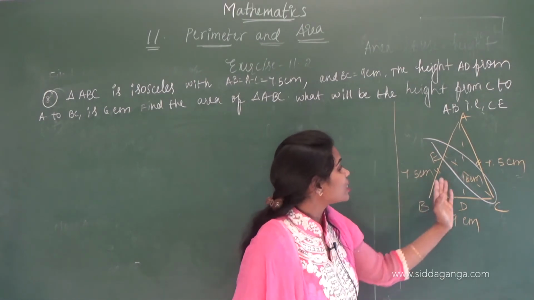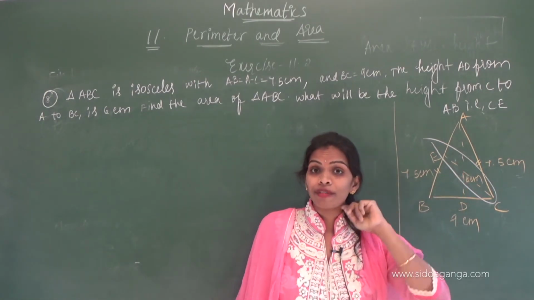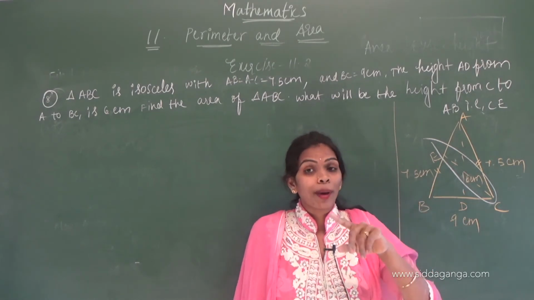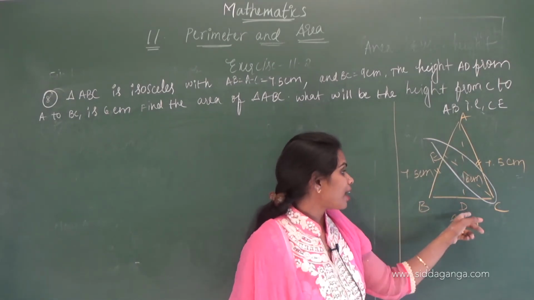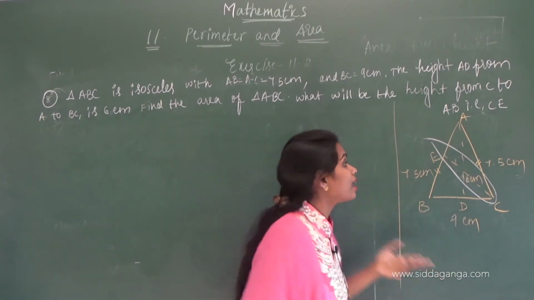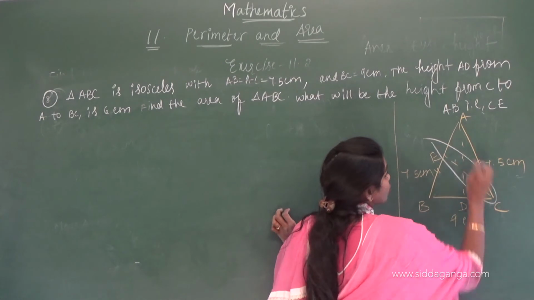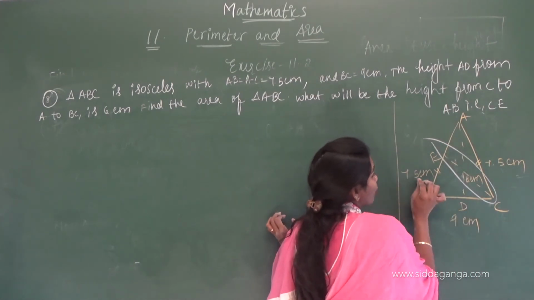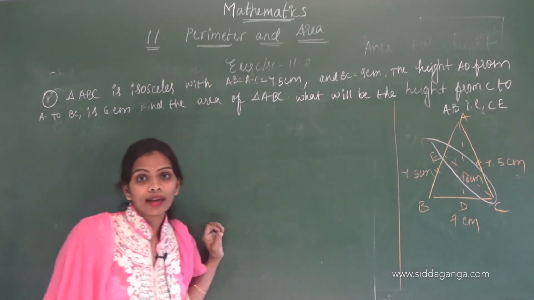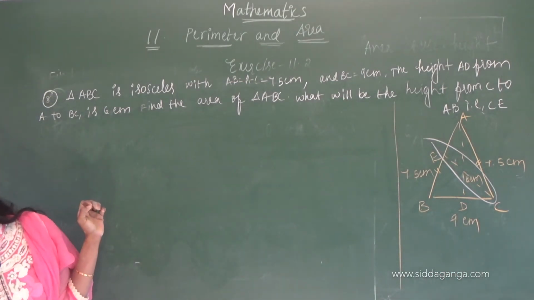As we did in fifth or sixth standard with the parallelogram, if you find the area for this triangle, that is the area for this also: half into 7.5 into CE equals that area only, correct? We have to write that. Okay, take down.